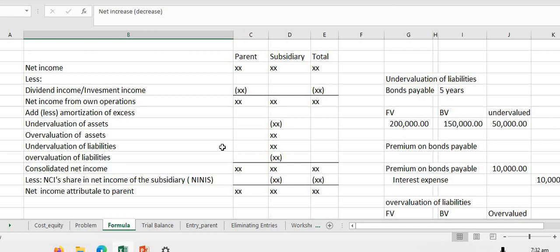Okay, so in the next video, we shall be discussing some sample problems: how to prepare eliminating entries, and how to prepare the worksheet for wholly owned and partially owned corporations subsequent to the date of acquisition. Okay, so thank you.